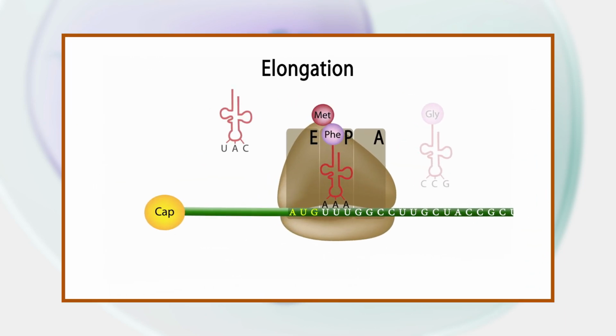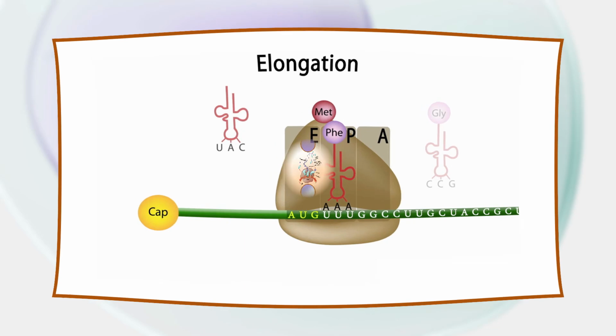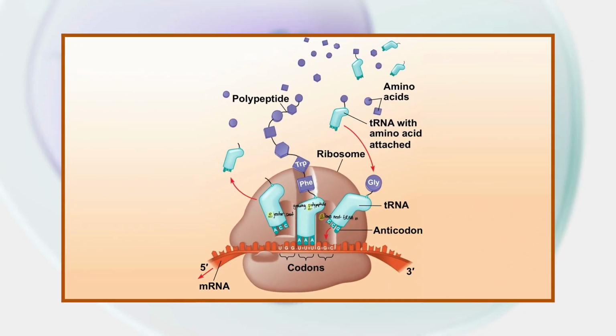The last tRNA, validated by the small ribosomal subunit, that is accommodation, transfers the amino acid it carries to the large ribosomal subunit, which binds it to one of the preceding admitted tRNAs, that is transpeptidation. The ribosome then moves to the next mRNA codon to continue the process of translocation, creating an amino acid chain.